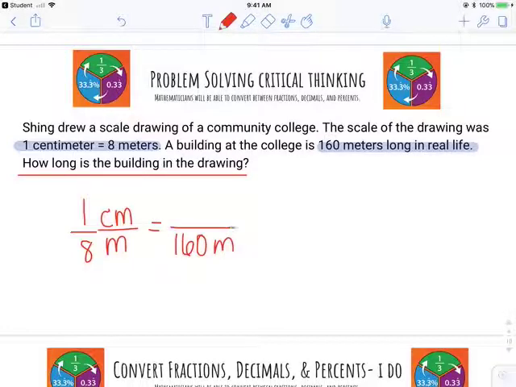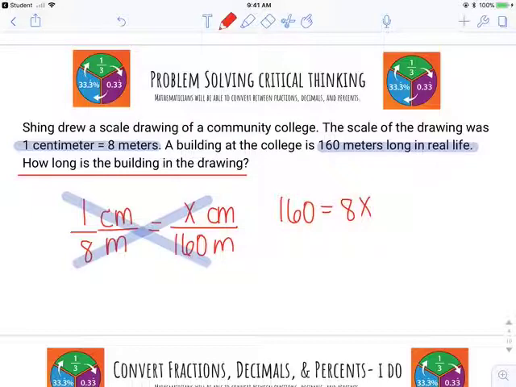And in the drawing, we can't use meters. That would be very big. So we convert it down to centimeters using a scale. So this is not a measurement conversion, it's a scale factor. We don't know the centimeters, so they're x. So I'm going to cross multiply, and I get 160 equals 8x.